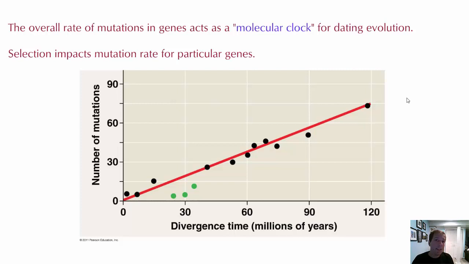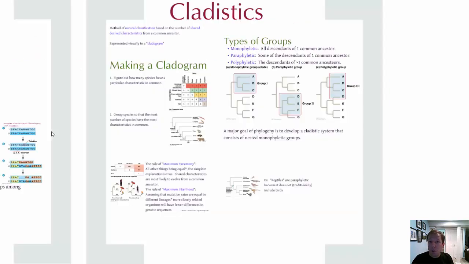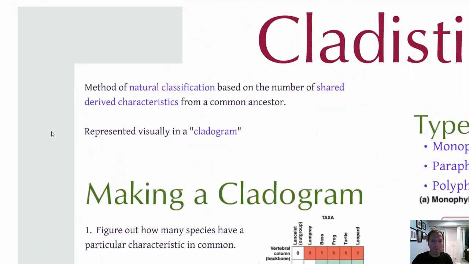The reason we can look at DNA to determine that is because the rate of mutation is fairly predictable, and we can chart the number of mutations in a particular gene, and then infer, based upon the number of mutations observed between two different species, how long ago they actually evolved. So once DNA began to be sequenced and analyzed in this way, the field of cladistics was born.